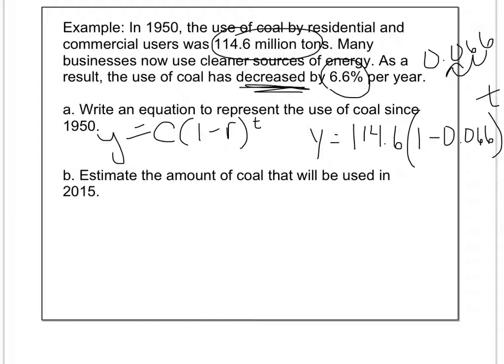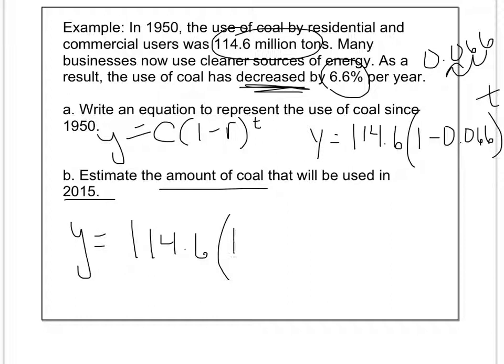So now our next part is we're going to figure out what the amount of coal would be used in 2015. And this would be interesting to see if this model actually works, to look up online to see how much coal we even use this year. So in this case, the time is going to be the difference between 1950 and 2015.